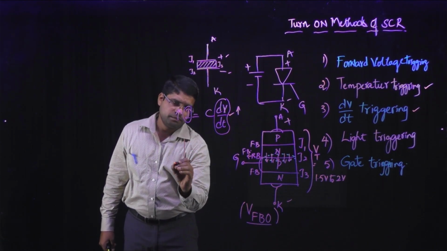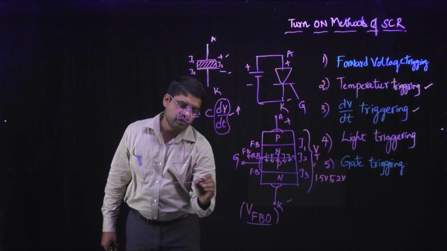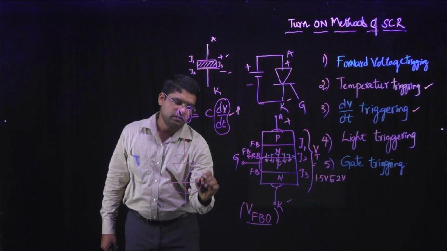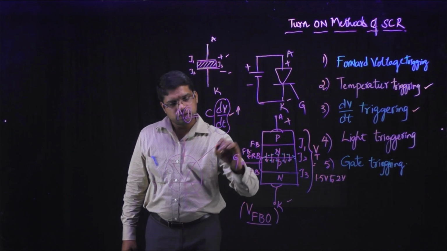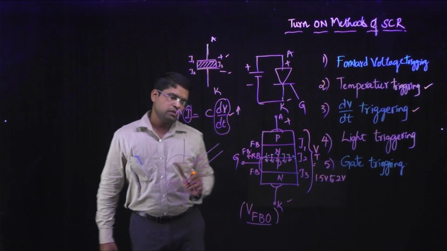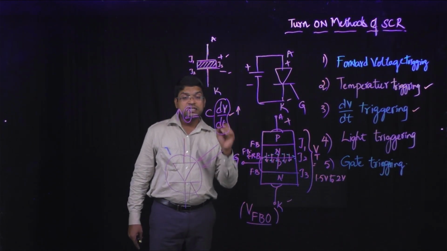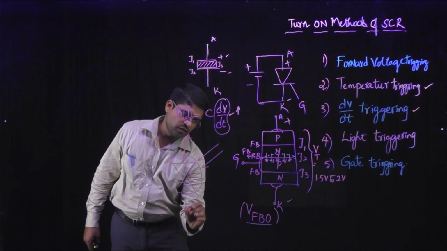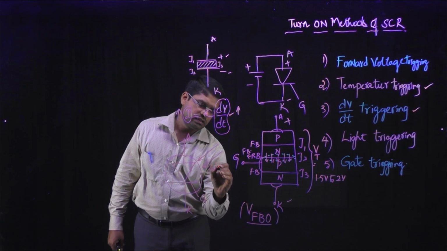We can show here a thyristor, also called a light activated SCR, simply represented symbolically like this. It has anode and cathode, in a circle, with a gate terminal. The radiations of light strike the junction J2, where the depletion layer is formed. This is anode, this is cathode, and this is gate. These are the light radiations.